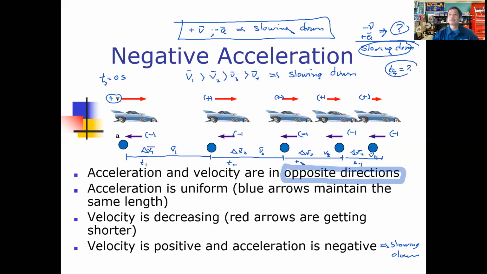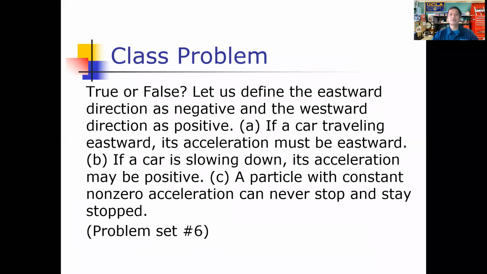All right, very good. Let me ask you to take a look at number 6 here. Answer these 3 questions really quickly, and then I want to go over this with you. Take about 3 minutes or so to write down your answers. Then I want to go through each one of these with you, and then we'll continue on.